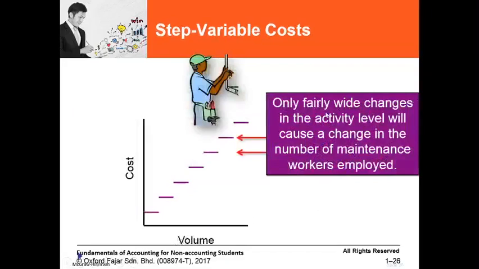Only fairly wide changes in the activity level cause a change in the number of maintenance workers employed, like the one I mentioned just now: maximum 1,000, maximum 2,000, maximum 3,000. If there is an increase of 1,000 volume, then only the cost will increase.